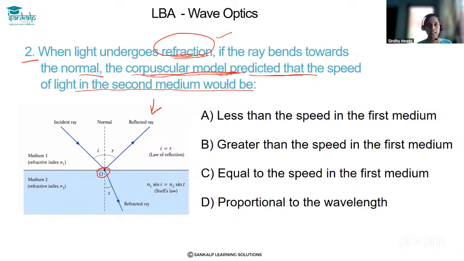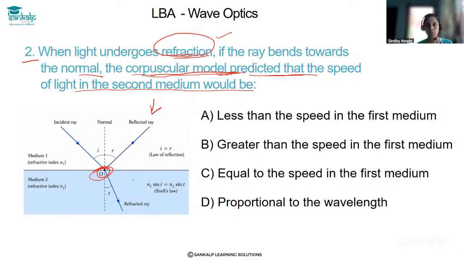According to this theory, when light enters a denser medium and bends towards the normal, the corpuscular model assumes that the particles experience an attractive force.